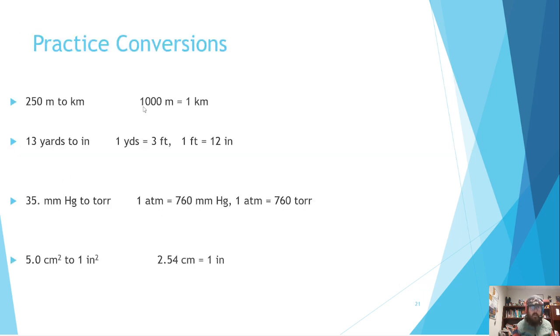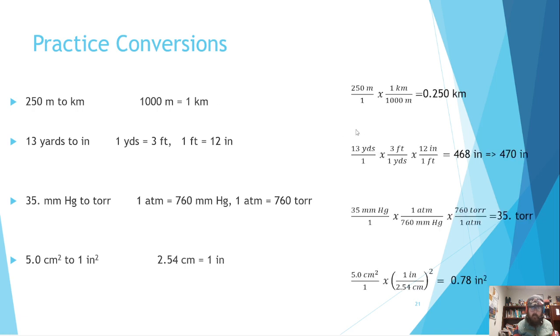So here are some simple conversions. Before we go on, maybe pause this video and try to work these out. So, 250 meters to kilometers. I'd start with 250 meters over 1, and I'd have 1,000 meters on the bottom, since you divide by 1,000 meters but multiply by 1 kilometer.